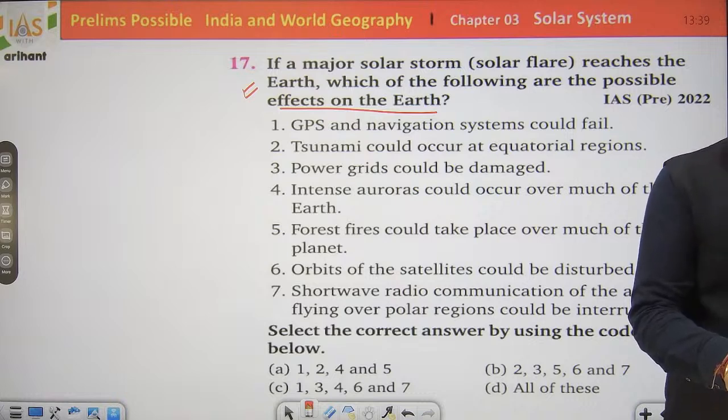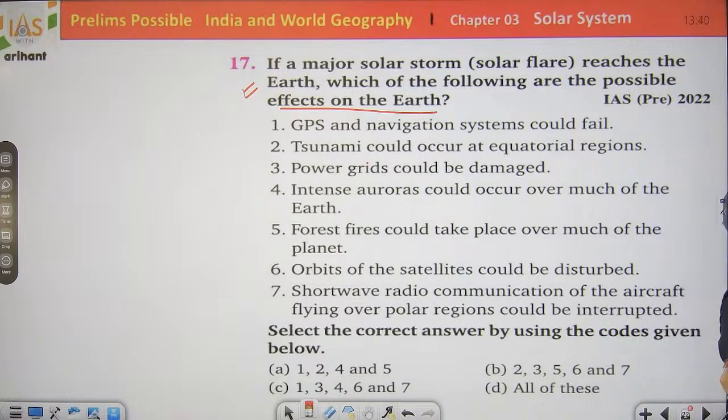Intense auroras could occur over much of the earth. Forest fires would take place. Orbits of the satellites could be disturbed. Shortwave communication of the aircraft flying over the polar regions could be interrupted. Which of the following is correct?